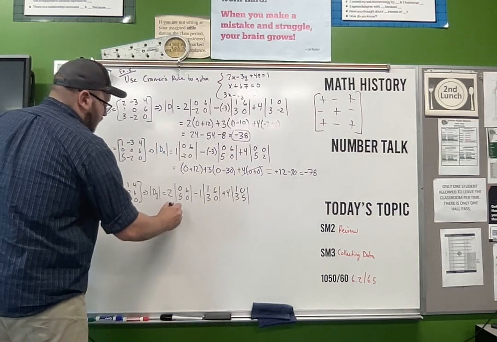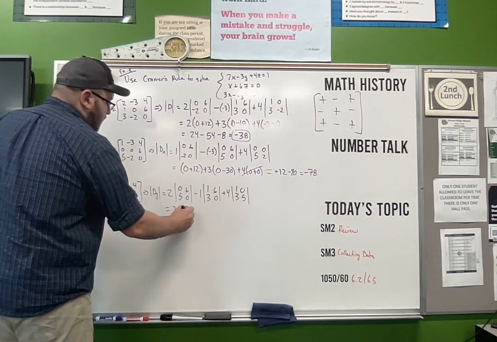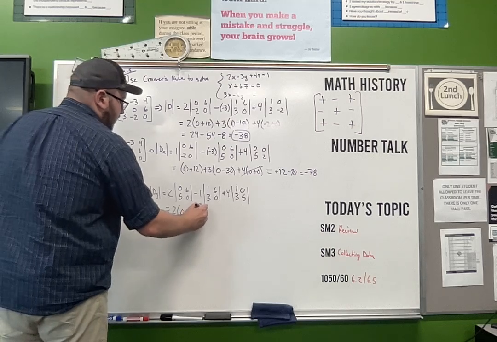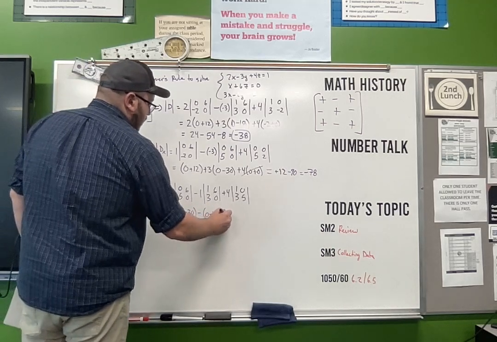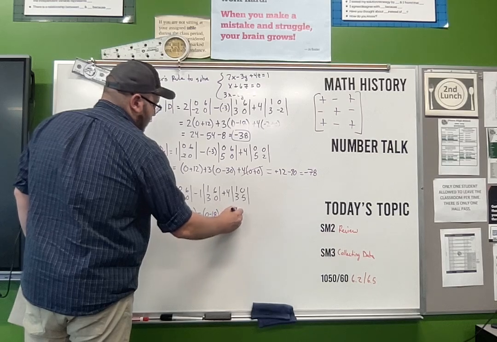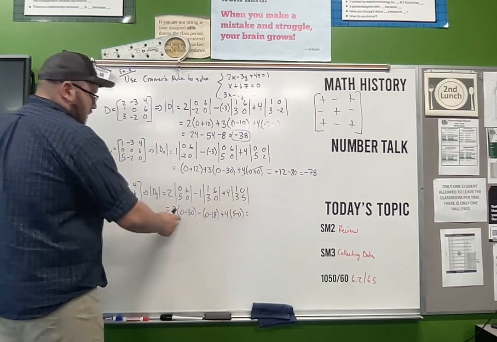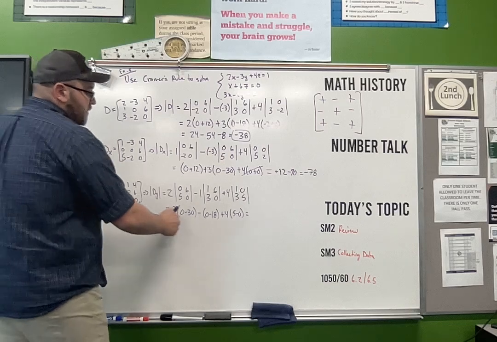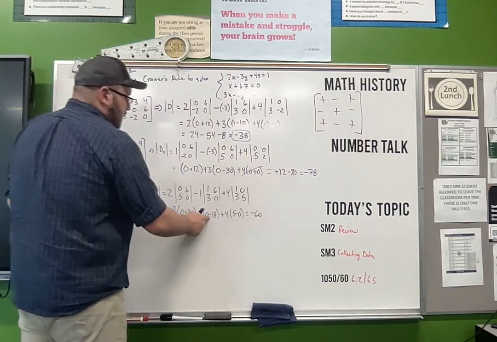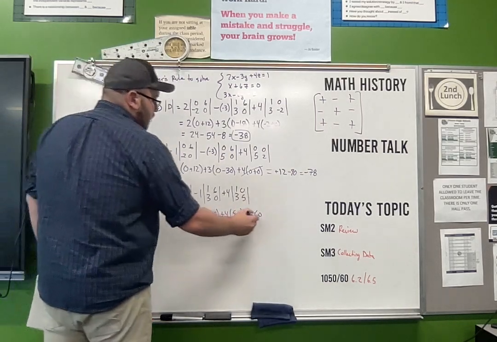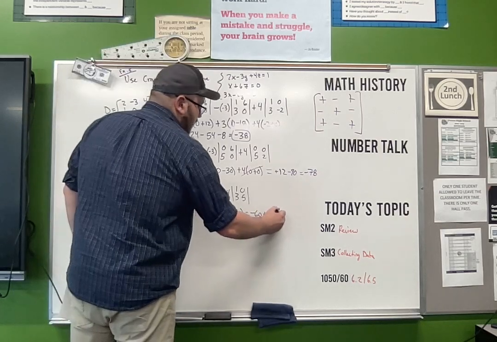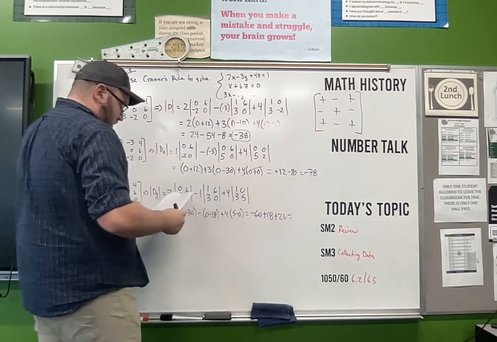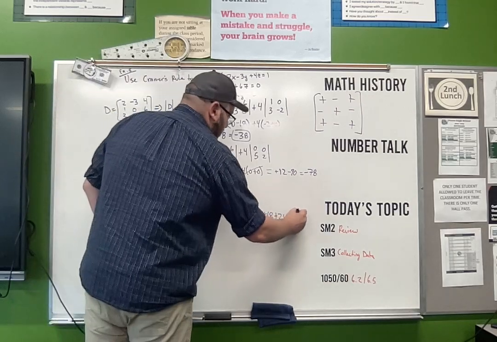So this is 2 times 0 minus 30 minus 0 minus 18 plus 4 times 5 minus 0. Negative 30 times 2 is negative 60. Negative 18 times negative 1 is positive 18. 4 times 5 is 20. And we get negative 22.